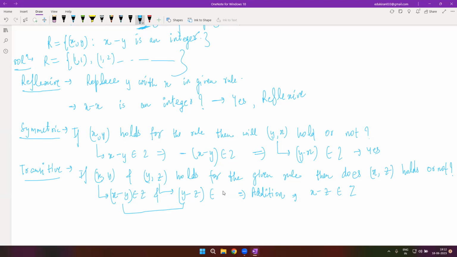And if we are saying that x comma z holds, then we are already saying it follows, because if x comma z holds, it means that x minus z should be an integer.